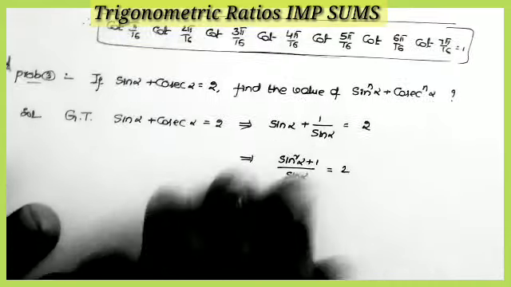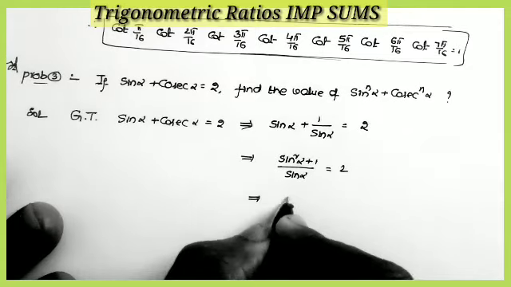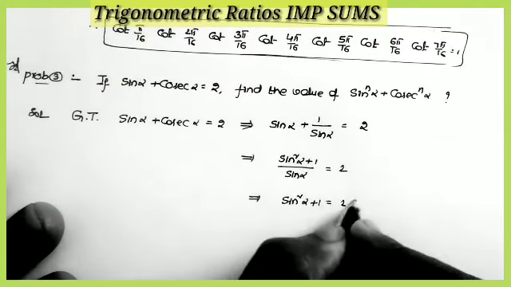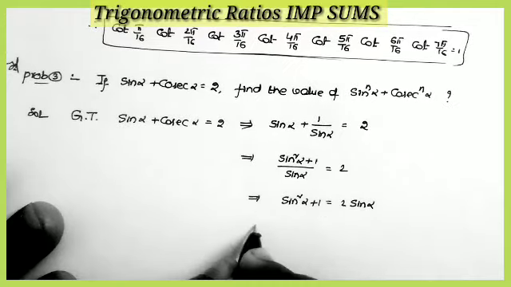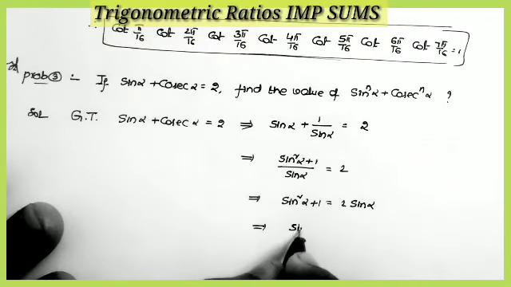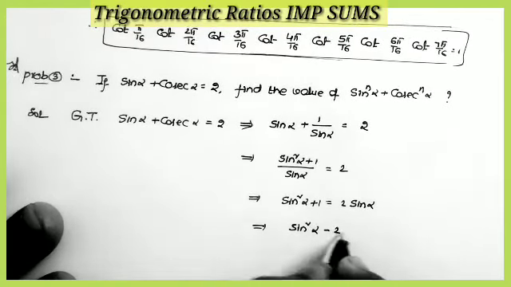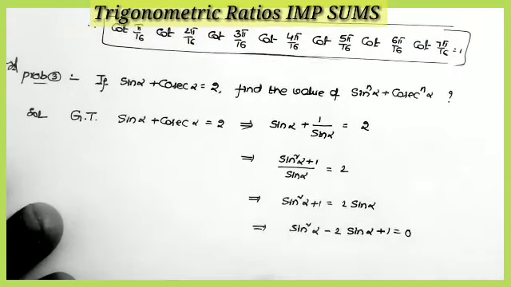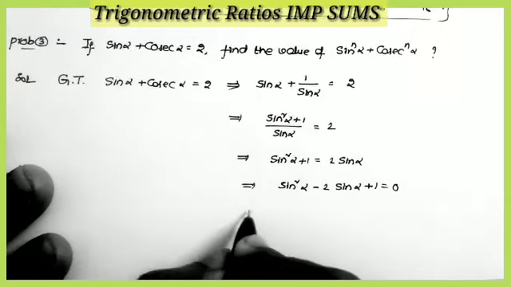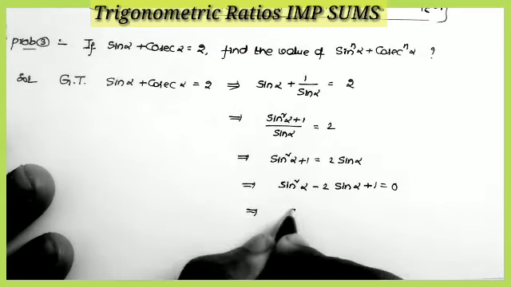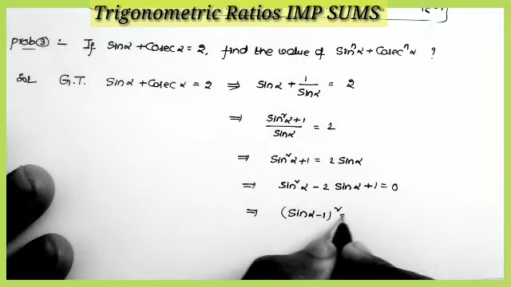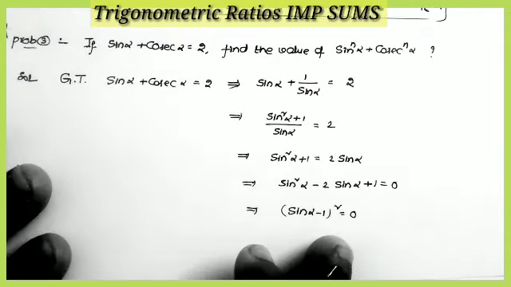Taking the cross product, sin square alpha plus 1 is equal to 2 sin alpha. Now bringing this value to this side, sin square alpha minus 2 sin alpha plus 1 is equal to 0. See here, this is in the form a square minus 2ab plus b square, which is nothing but the expansion of sin alpha minus 1 whole square.